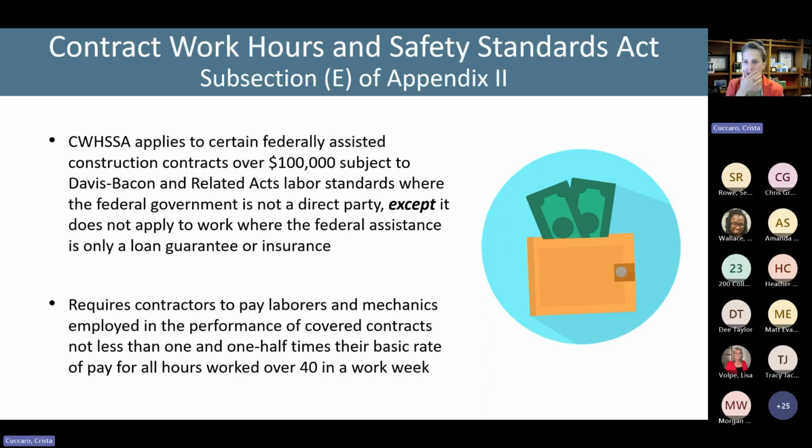There are a couple of exceptions where it doesn't apply, but I'm not going to get into that. Essentially, this requires that contractors and subcontractors base their employees' work weeks on a 40-hour work week, and any time worked over that has to be paid at 1.5 times the basic rate. So that is the Contract Work Hours and Safety Standards Act.